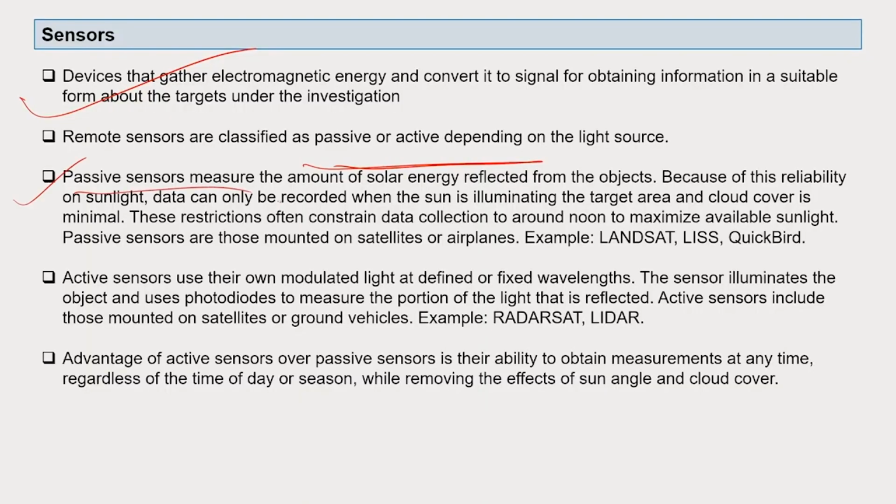Now, passive sensors measure the amount of solar energy reflected from the objects, and due to this they rely on sunlight, and the data can only be recorded when you have a bright sun on the target area. Suppose you want to cover your district, and at that point of time when the satellite is moving it is very cloudy, you may not get the proper data because the signal may not get through.